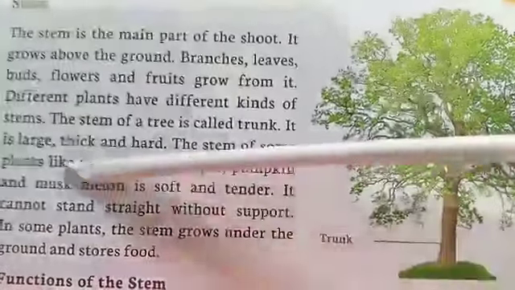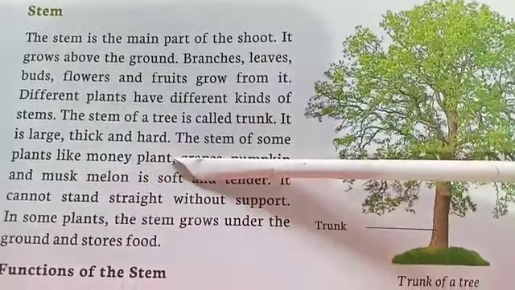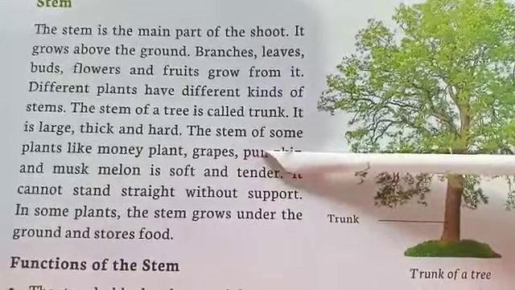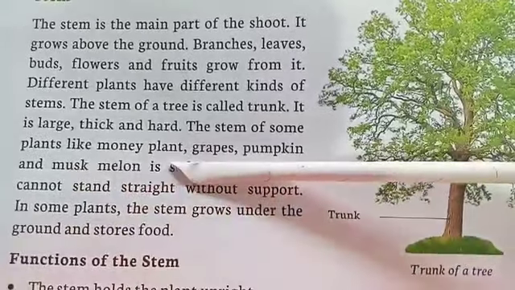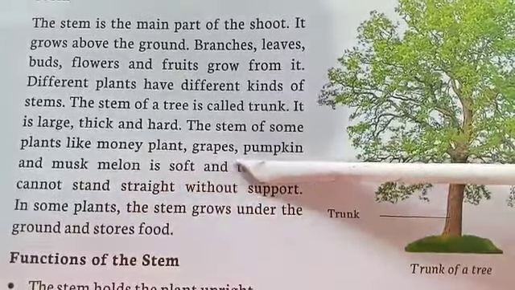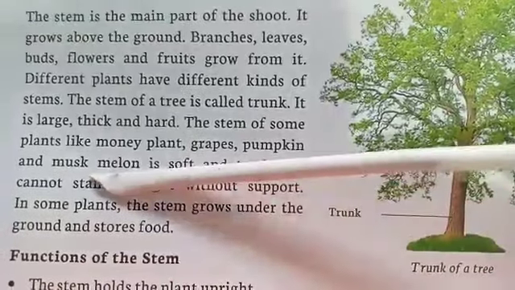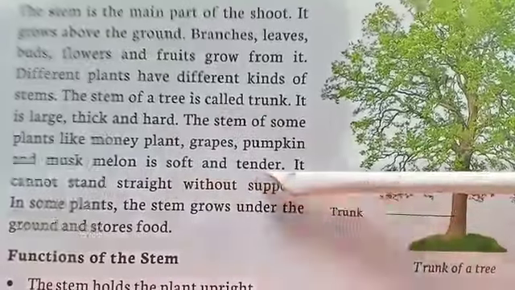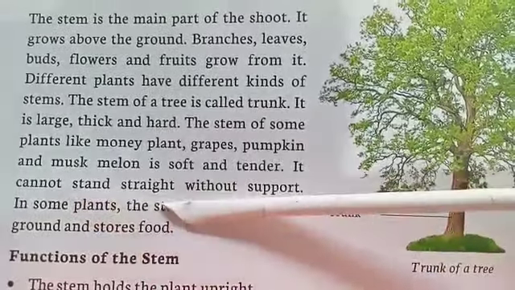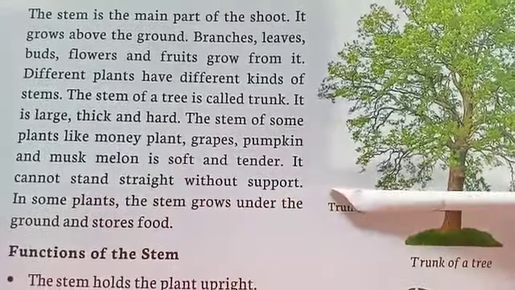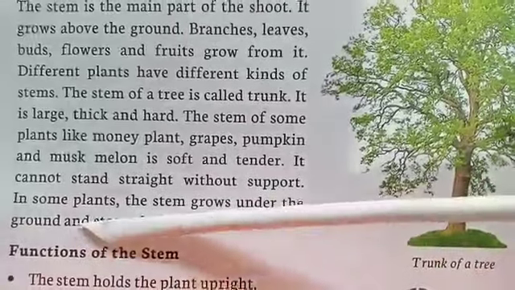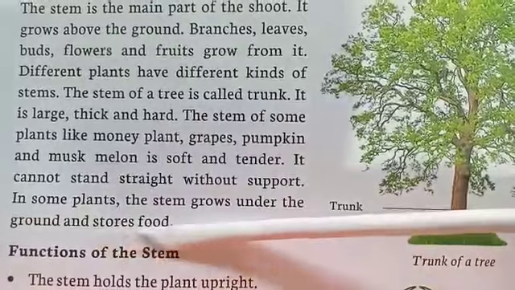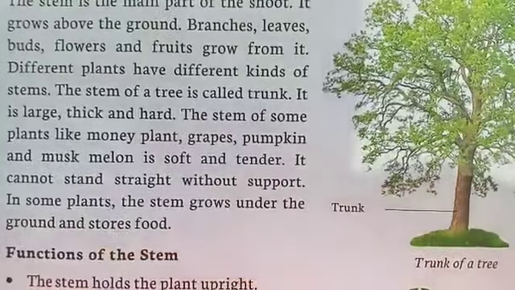It is large, thick and hard. The stem of some plants like money plant, grapes, pumpkin and muskmelon is soft and tender. It cannot stand straight without support. In some plants, the stem grows under the ground and stores food.